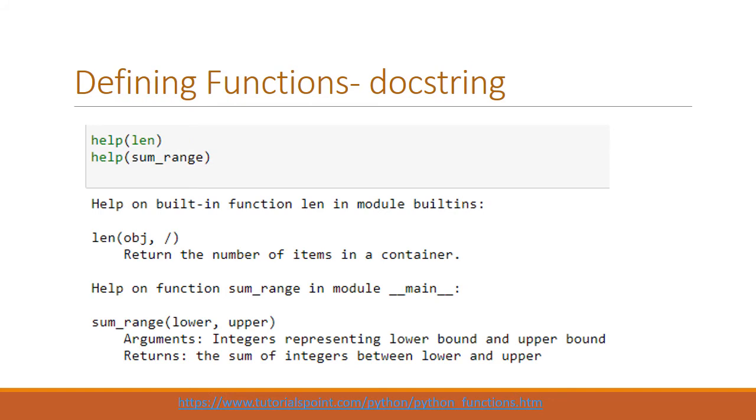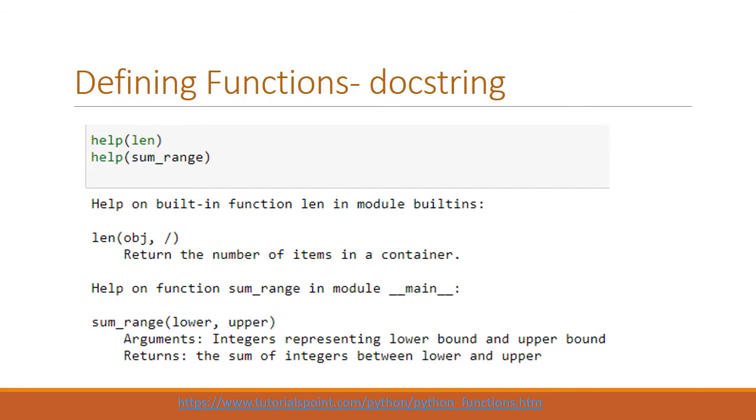These docstrings are especially helpful when you or somebody using your function wants to retrieve information regarding that function. So in this example, I show how you can use help to get information about a function. The first statement, help, and within parentheses I put len.